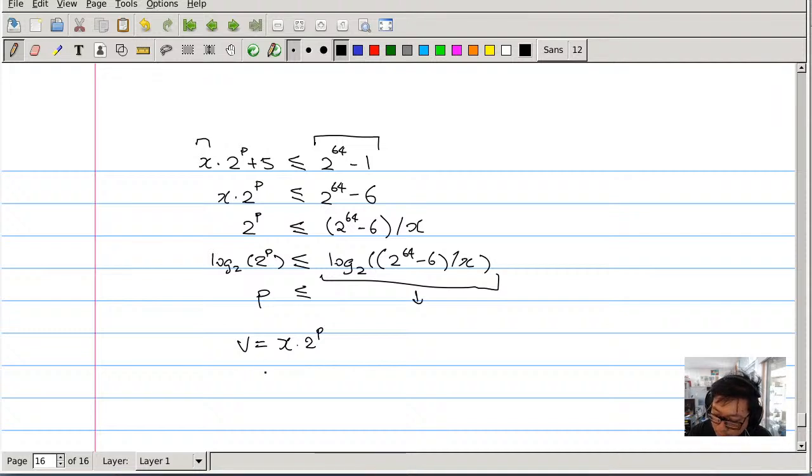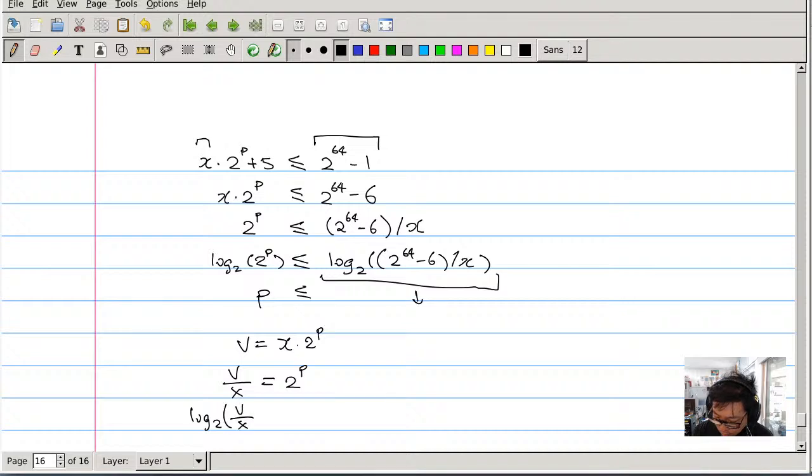So now we say V divided by X is 2 to the power of P. And this is why, when X is the minimum of what it can be, the P computed would be the upper bound of the P value that we actually need, because when X is smaller, V divided by X becomes bigger. All right, so we take the log 2 of both sides.